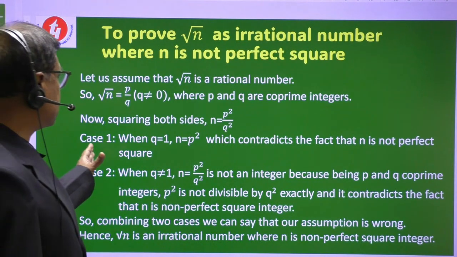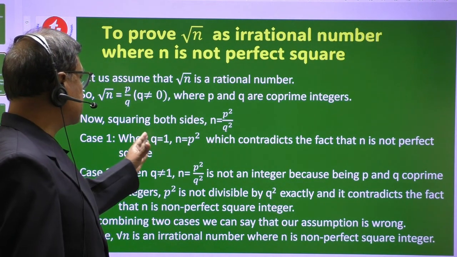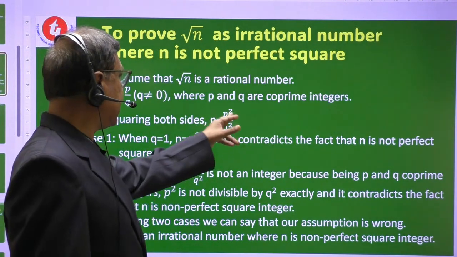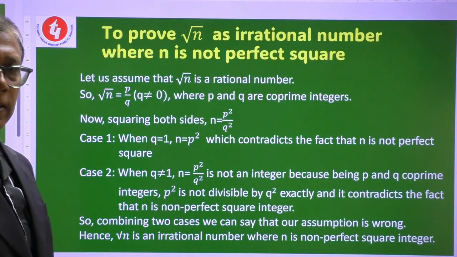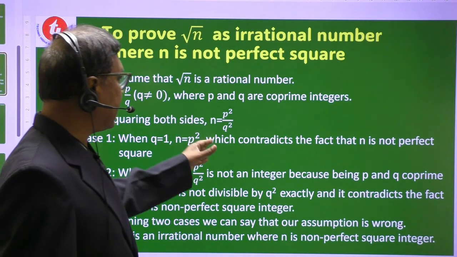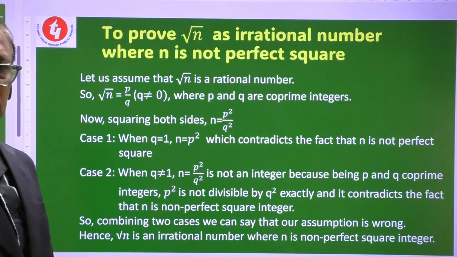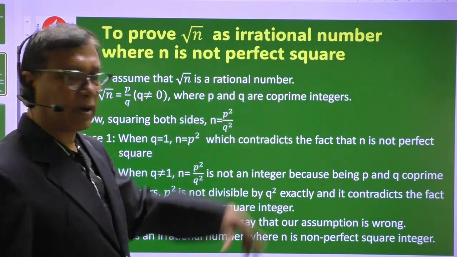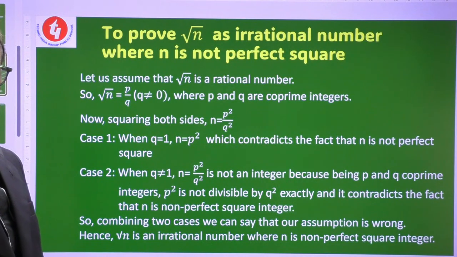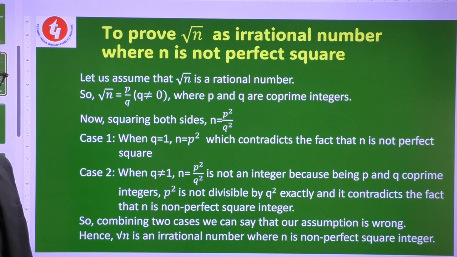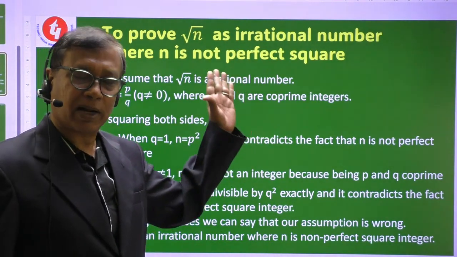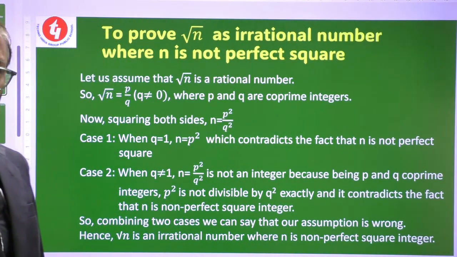So first we will consider q is 1. When q is 1, then n is coming p square. So that implies n is a perfect square, which contradicts the fact that n is not a perfect square. Yes or no? So that means our assumption is wrong. Yes?